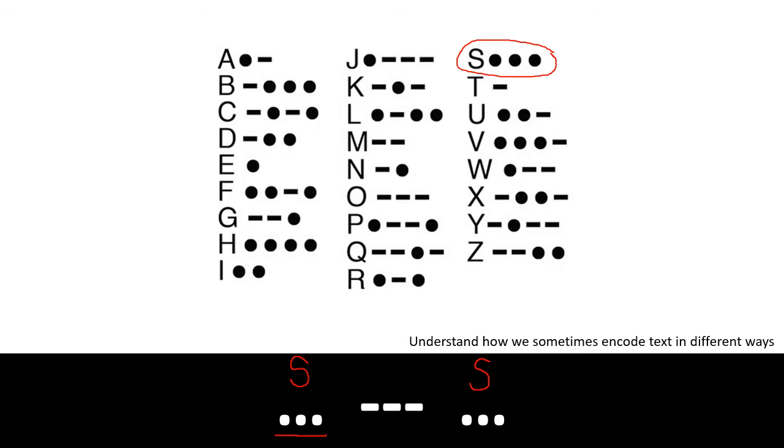The middle letter is made up of 3 dashes. So we look through and we find the letter O has 3 dashes. So that is the message SOS, usually used to send help.